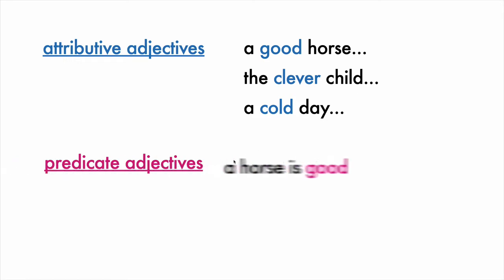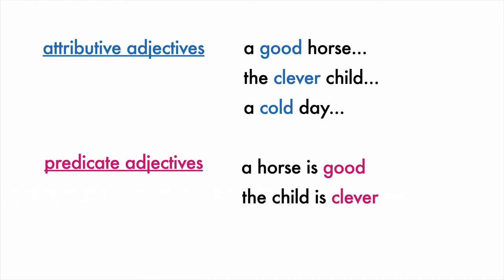By contrast, predicate adjectives say something about a noun. A horse is good. By providing a predicate, they give us a complete sentence. The child is clever. And finally, let's give an example that includes one of each type of adjective. The clever child is tall.